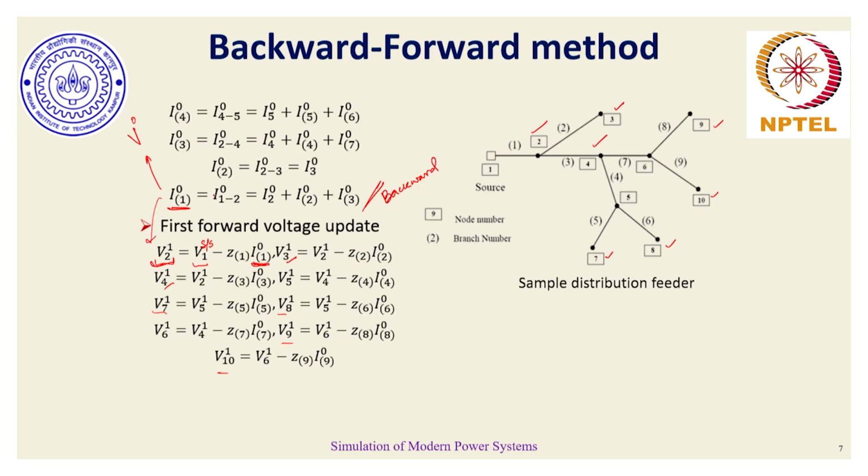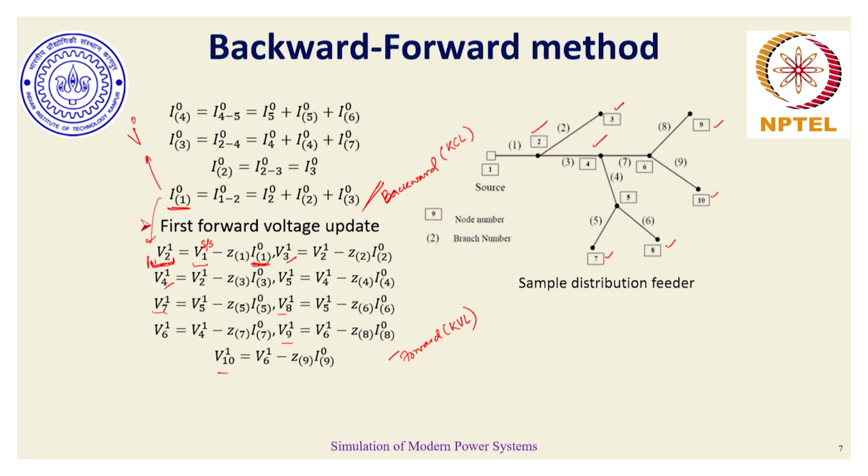When you re-evaluate these voltages based on KVL application, so essentially if I were to say what the backward method is, the backward method is basically KCL application, whereas the forward method is KVL application. By doing the recursive or iterative backward-forward method, we are trying to ensure that KCL and KVL are true for the distribution network power flow, which is also done inherently in the transmission network power flow methods.